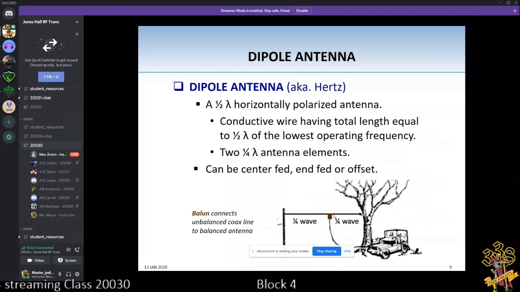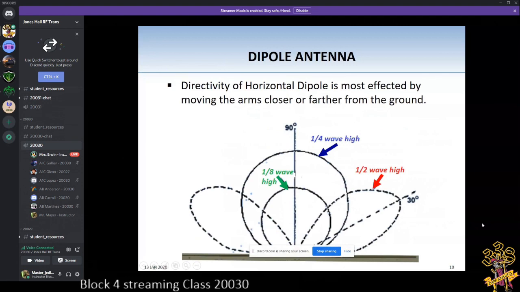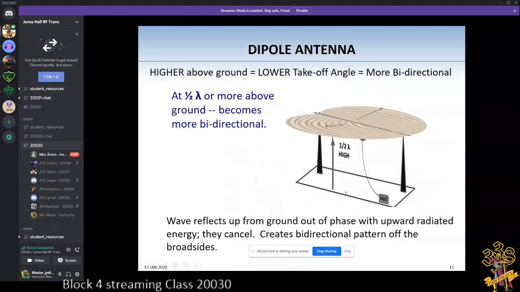So this part of the antenna is going to be a quarter wave long. This part's going to be a quarter wave long, but the entire antenna has got to be at least a half wavelength long. Okay. Now, how high above the ground you place this antenna is going to affect the radiation pattern. So here, I put that antenna a half wavelength above the ground.